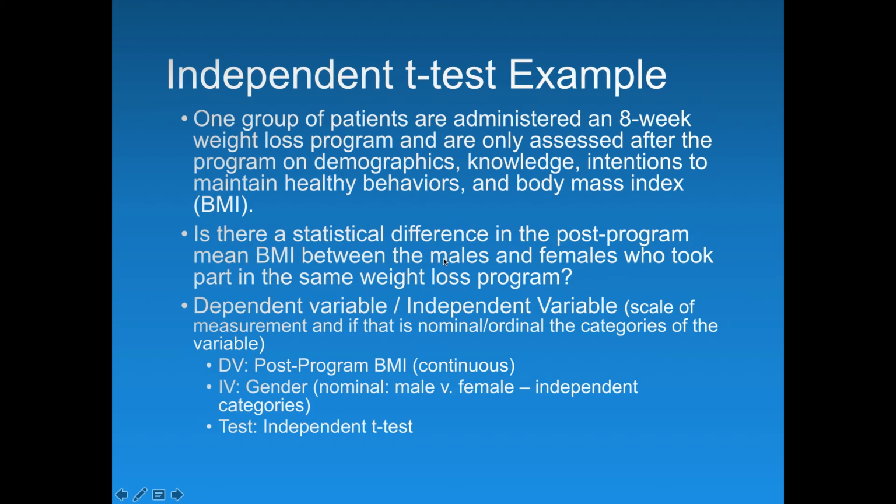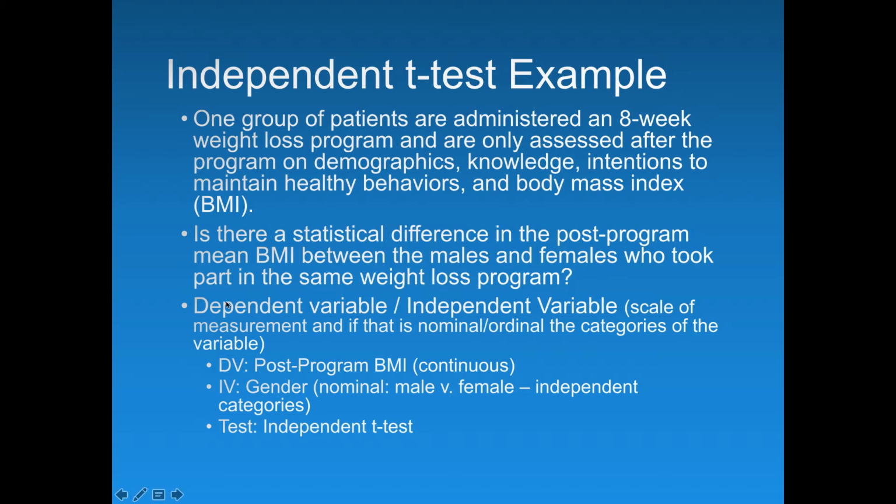BMI, because that's measured, in this case, on a scale of theoretically 0 to probably around 50 being the highest. So it's on a scale, it's a range. That's why it's the DV, because it's continuous. The DV in an independent t-test will always be continuous.